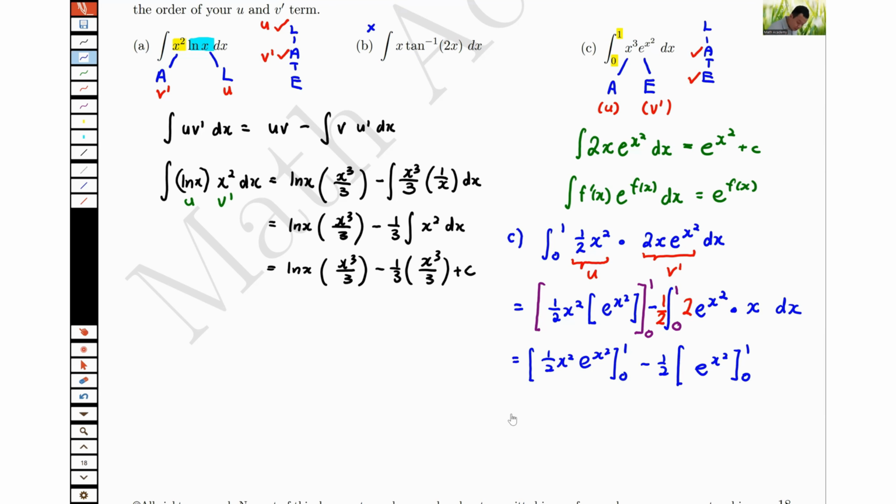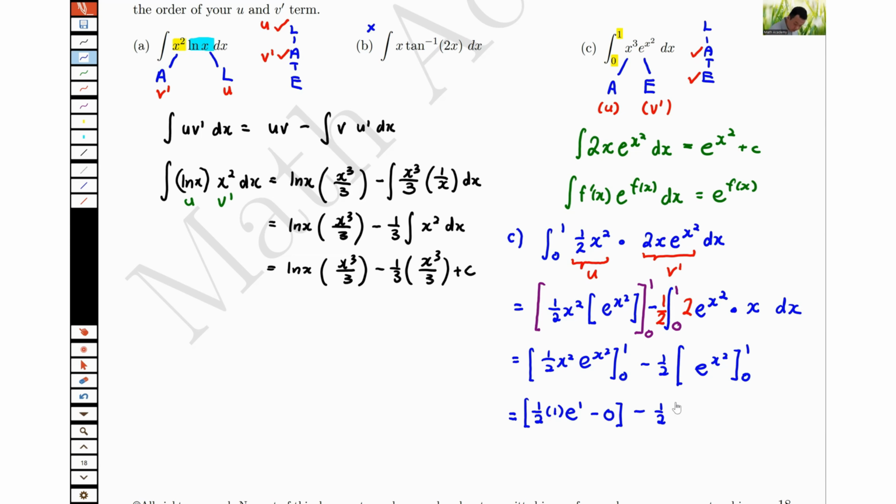Okay, because there are limits, you have to continue and you sub in the limits to complete. So I sub in the 1 and the 0. If I put in 1, let's write out the values. We will have 1 here, e power 1. You sub in 0, the term immediately becomes 0 because there's an x.